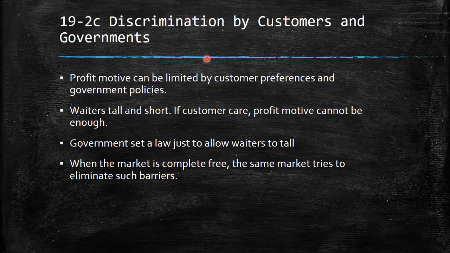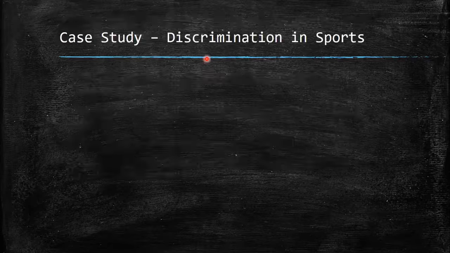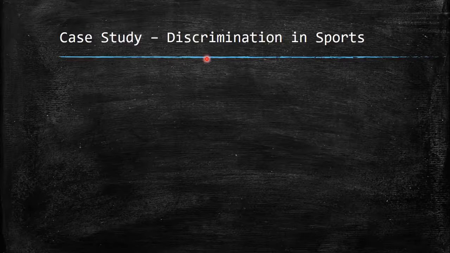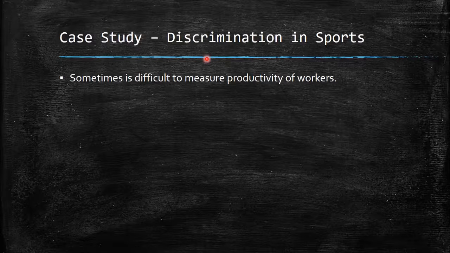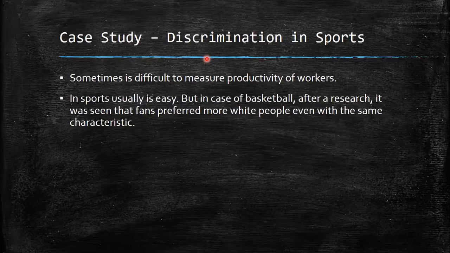Then when the market is completely free, the market tries to eliminate such barriers. Then, as a last case study, discrimination in sports. Sometimes it's difficult to measure the productivity of workers, but in sports it's usually easy because in basketball, baseball, soccer, you can know through the statistics who is better than the other one, at least in the same position.